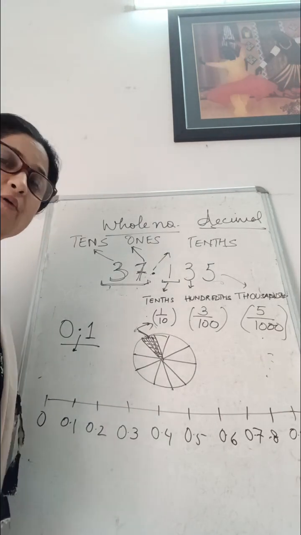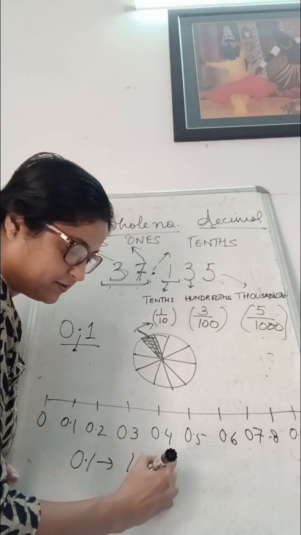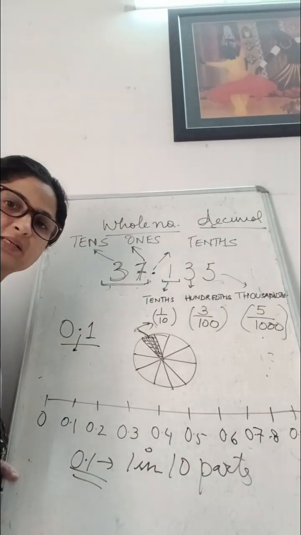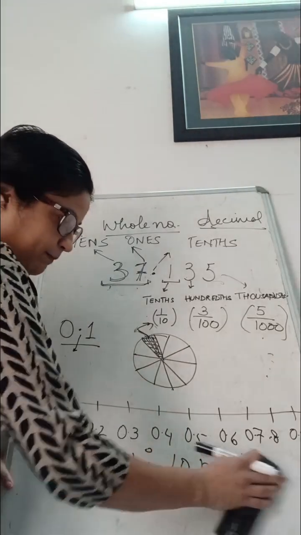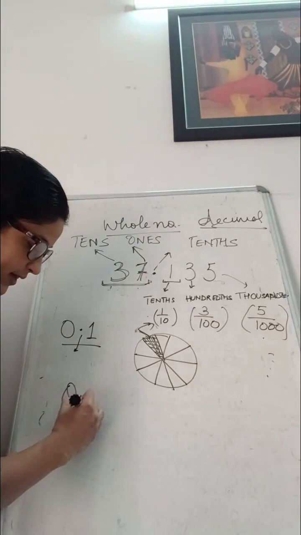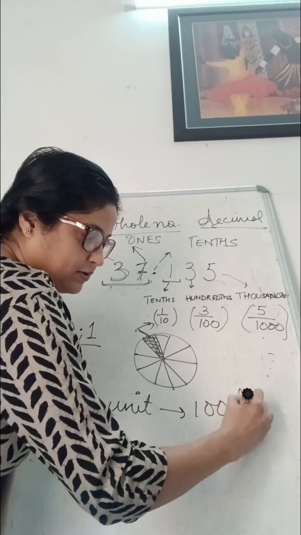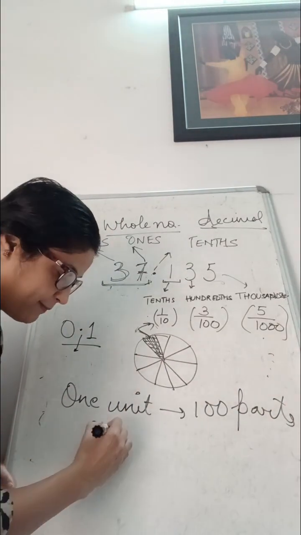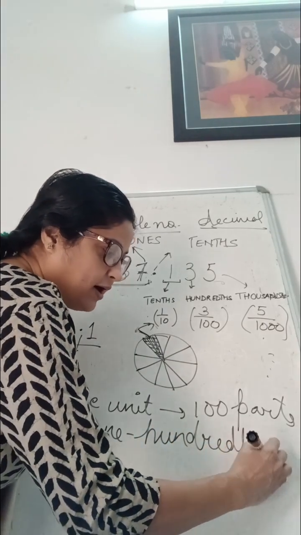Now, how will I write? This is 0.1. That means 1 in 10 parts. So this is represented as the decimal 0.1. Similarly, if I say, children, please divide 1 unit into 100 parts, okay, अब अगर एक पार्ट को मुझे represent करना है तो कैसे represent करूंगी मैं? This will become hundredths.